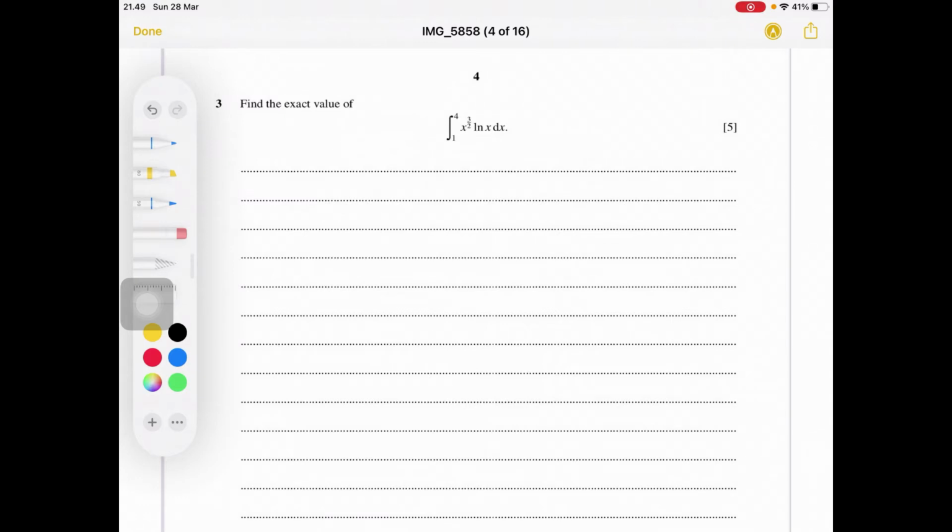For this question, we are going to use integration by parts. The formula for integration by parts is integral u v prime dx is equal to u v minus integral u prime v dx.